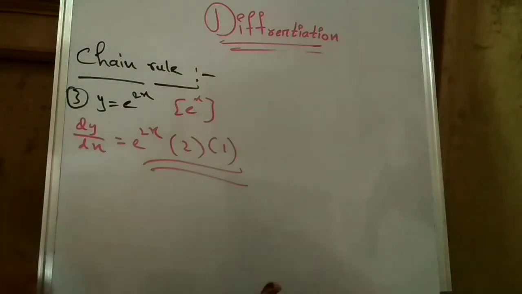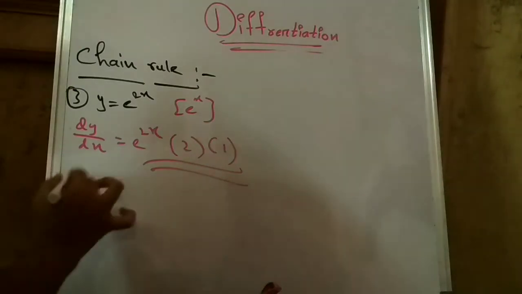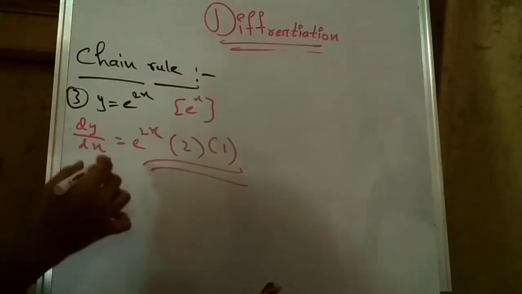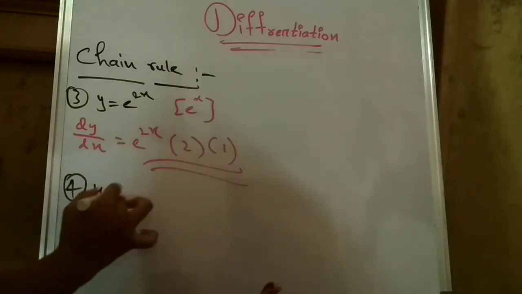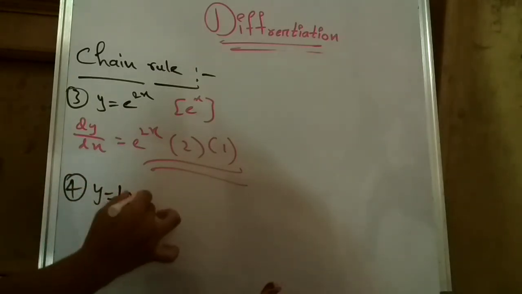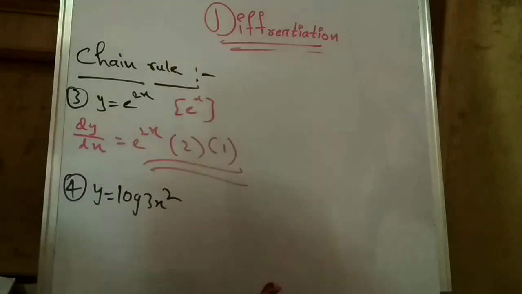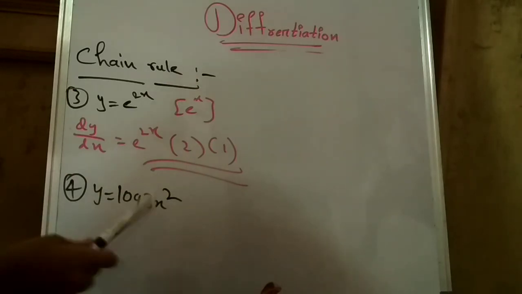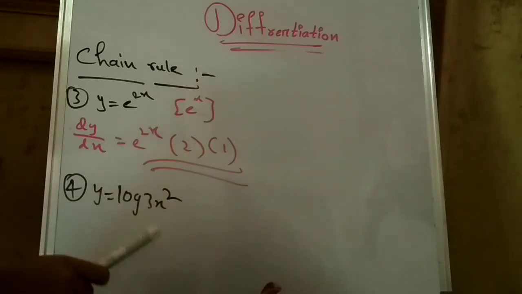Let's take one more question. y is equal to log 3x square. It was log x. If it was log x, we could easily do that by 1 by x.